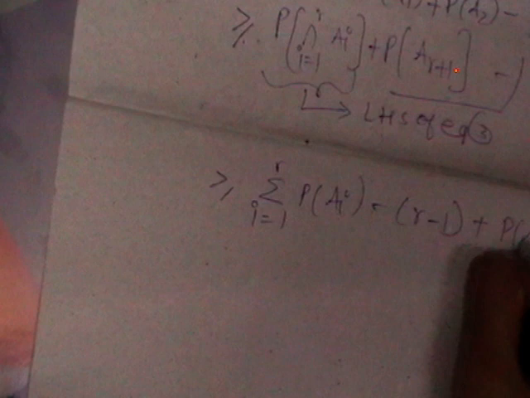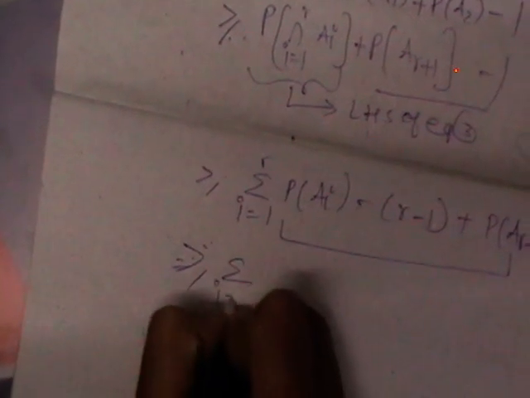So what is the LHS you have? Sigma i is equal to 1 to r of P of Ai minus r minus 1, and already we have the term P of A(r plus 1) minus 1, greater than or equal to. If you join these two, we can write sigma i is equal to 1 to r plus 1 of P of Ai minus r.